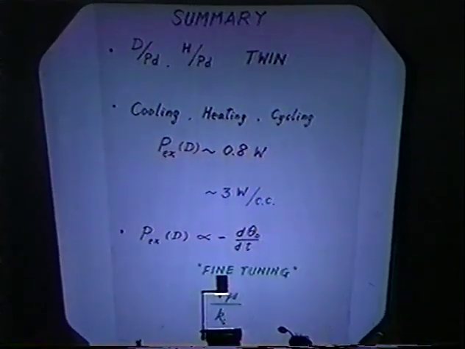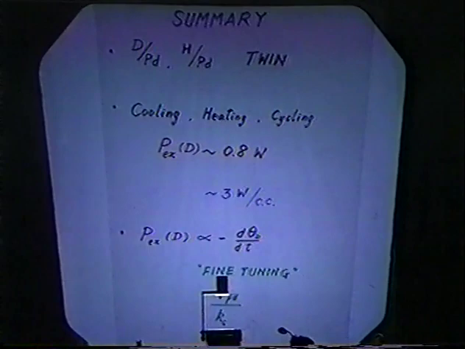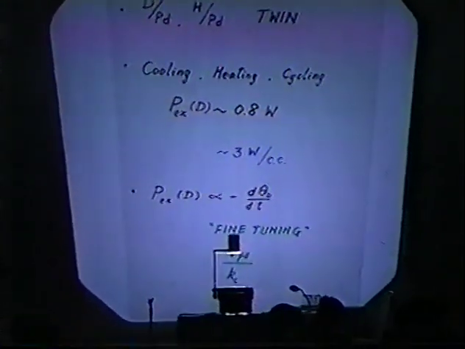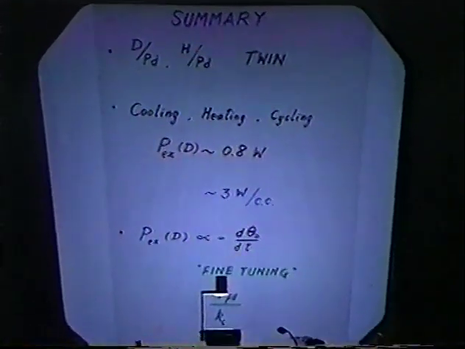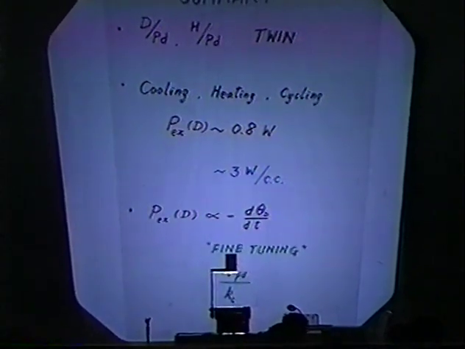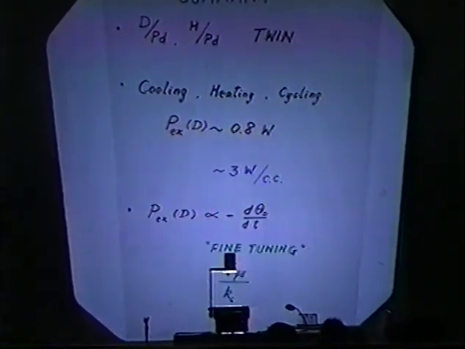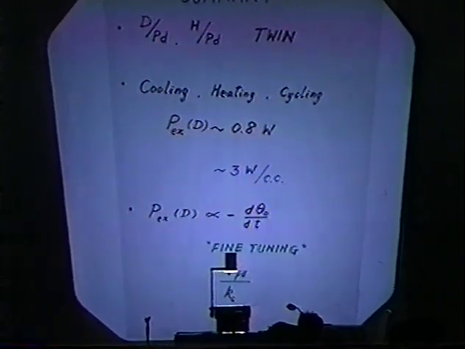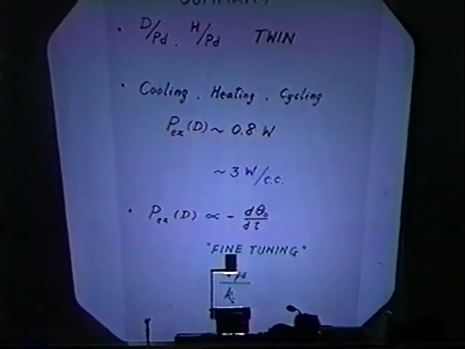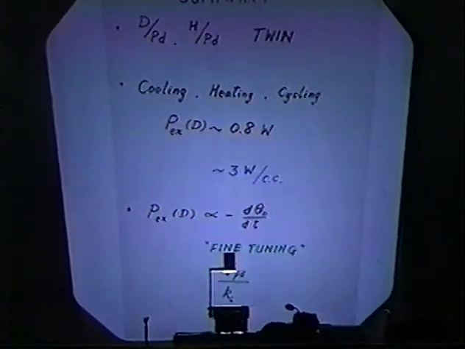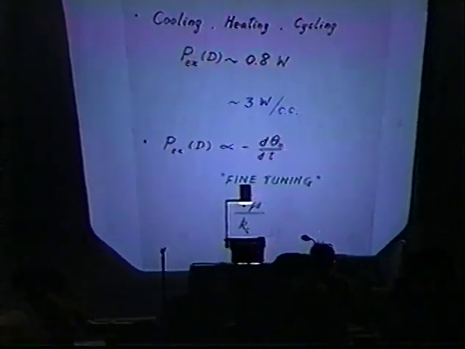And this is what we need for the fine-tuning mechanism, which supports the resonance penetration of the Coulomb barrier, and which can explain heat after death, heat after life. More important, from this mechanism, we predict this fine-tuning parameter is really important.